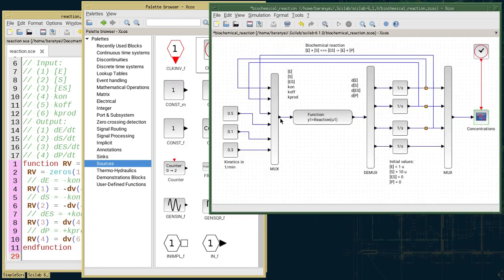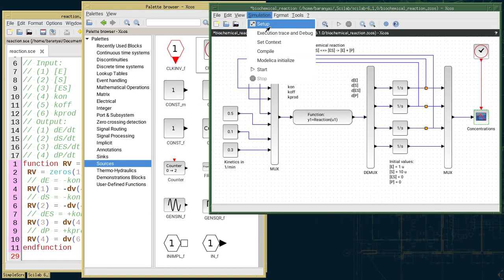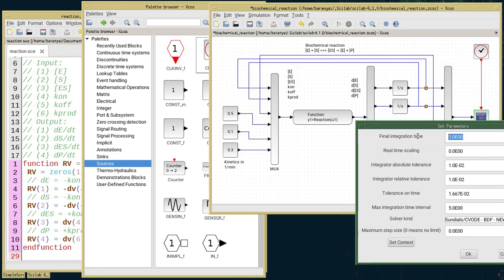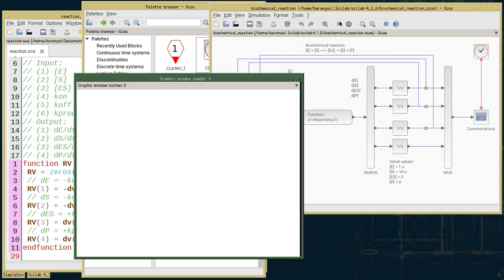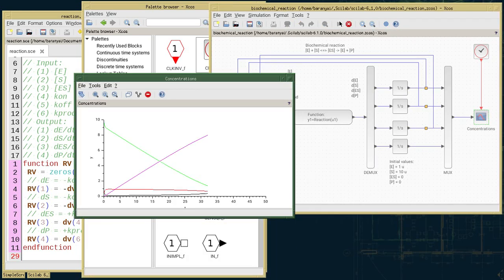I will change the simulation time, simulation setup. I will change to 50 and also 50 here. Okay. Now I save and run again. It is much better, much more beautiful.